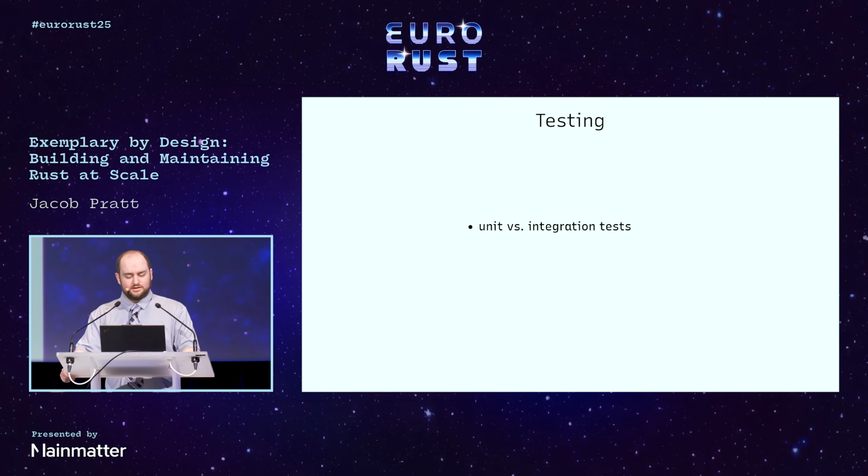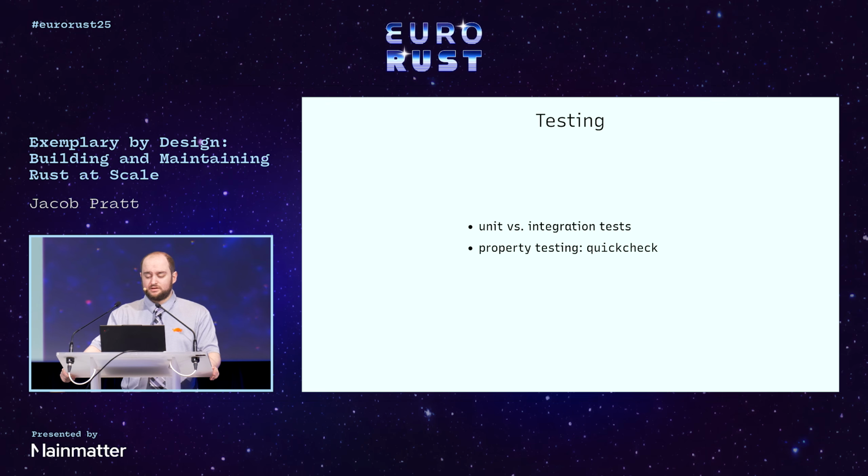Other than this, unit and integration tests are largely the same as in other languages, so I won't dwell on them here. Property testing, though, is a great way to test edge cases automatically. You can write tests that ensure certain properties are always held true, regardless of input. As an example, you can accept a string to ensure that base 64 encoding it, followed by decoding it, returns the original string.